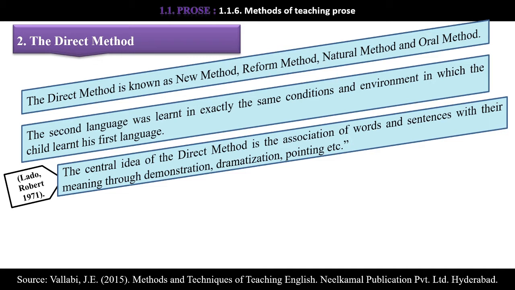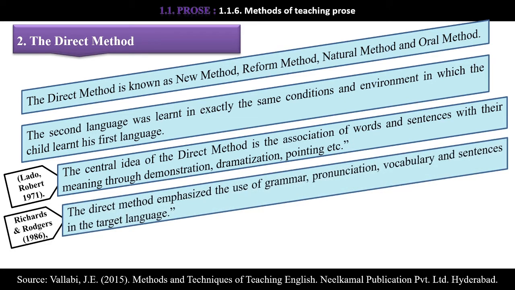There is an association between the word and the sentence with their meaning through demonstration. We have to form the association of words and sentences. We have to demonstrate it, dramatize it, point to it. By doing these three things, we can associate the word and the sentence with its meaning. That is the central idea according to Robert Lado.